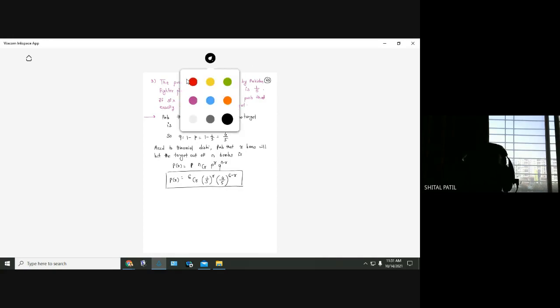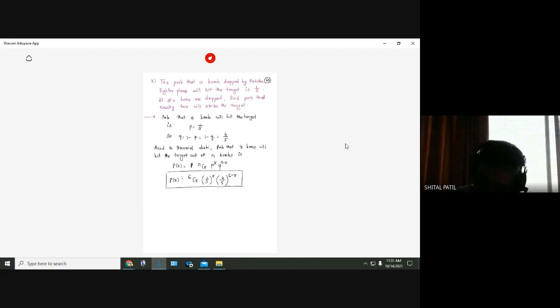Now the answer part. Probability that out of 6 bombs, 2 will hit the target correctly.